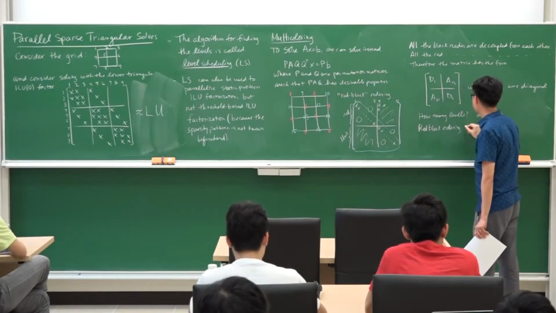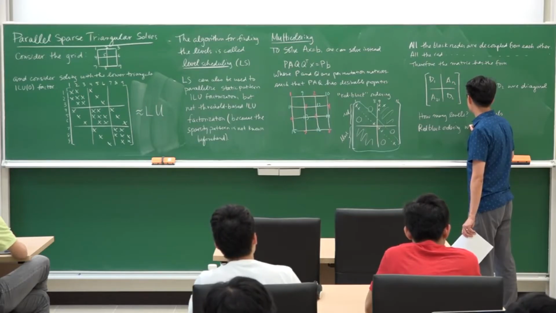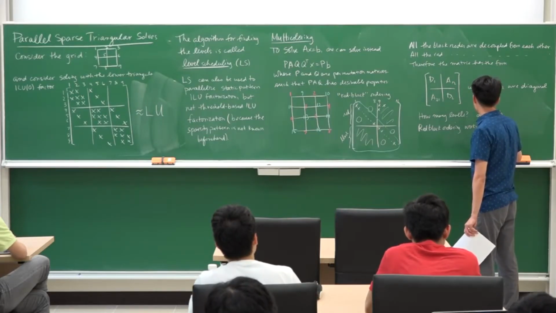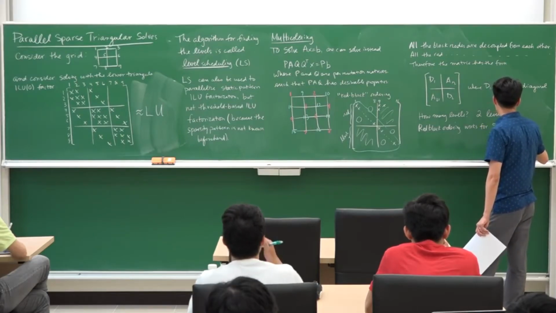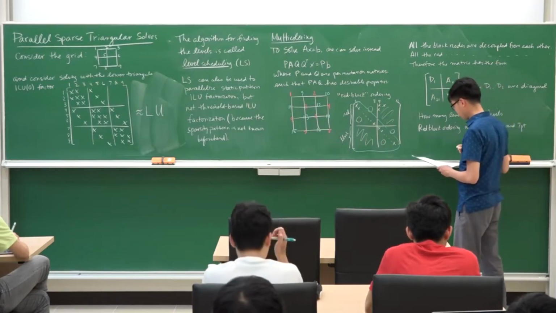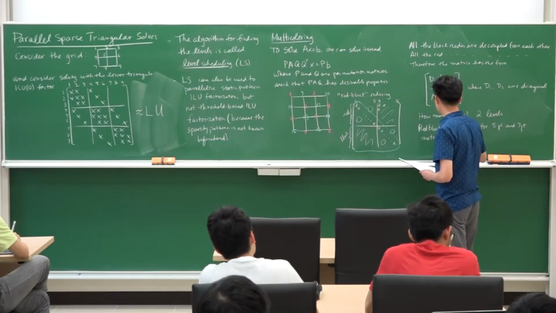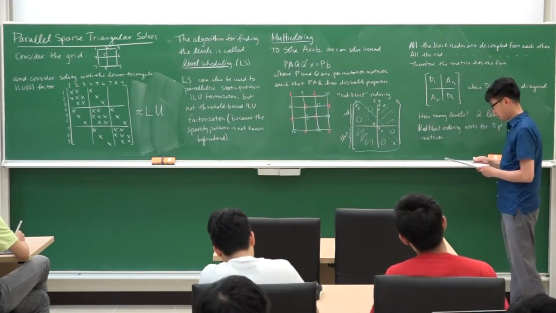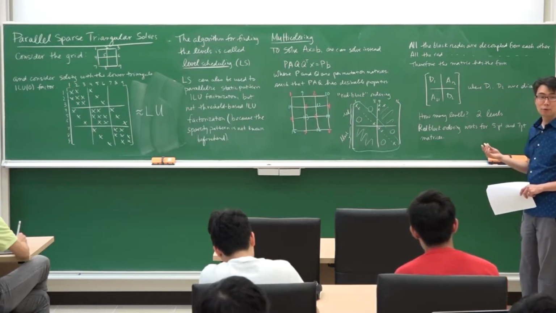So red-black ordering works for 5-point and 7-point matrices. In general, we might have to use more colors.